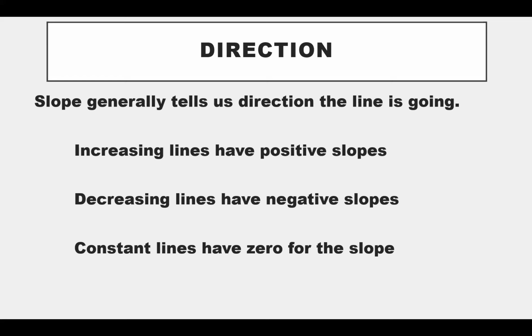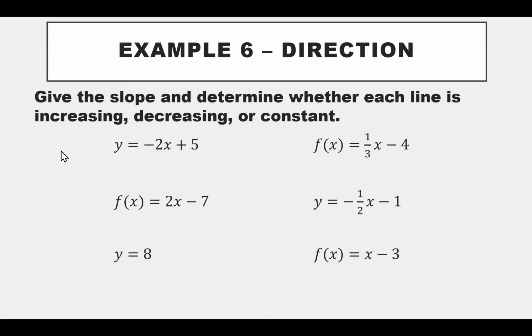So negative slope means lines are decreasing. Positive slope means lines are increasing as we move left to right. So I can easily state just by looking at the equation of a line whether or not that line is increasing, decreasing, or constant.